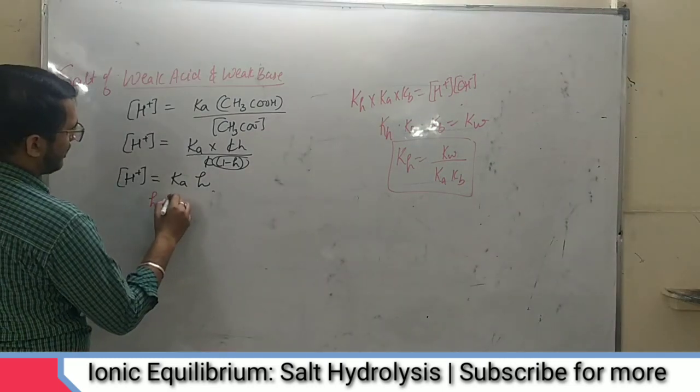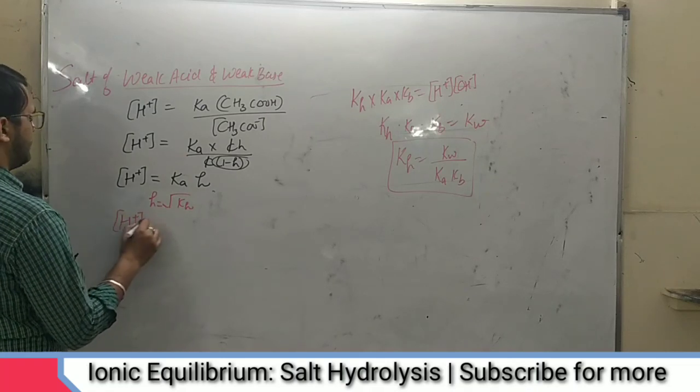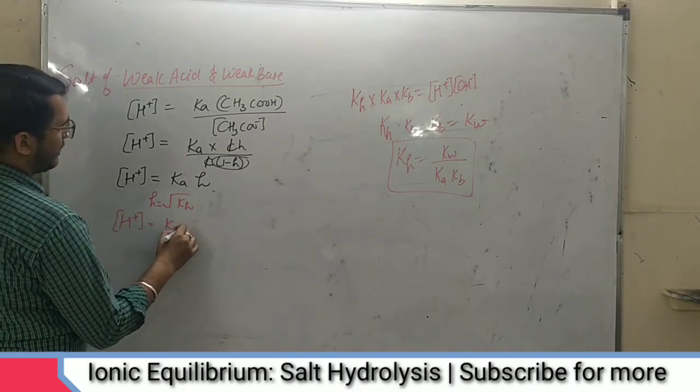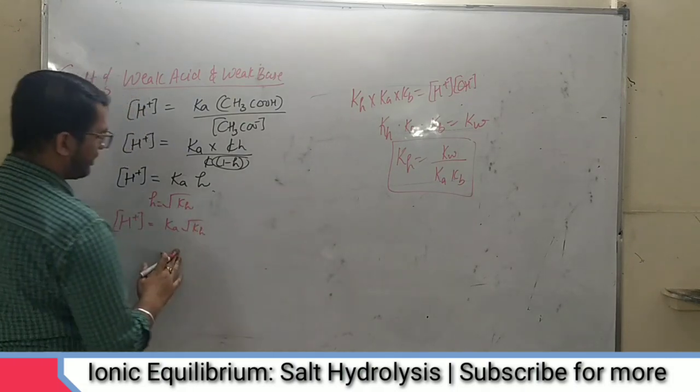h is equal to under root Kh. So H positive is equal to Ka into under root Kh. Now we can put this relation here.